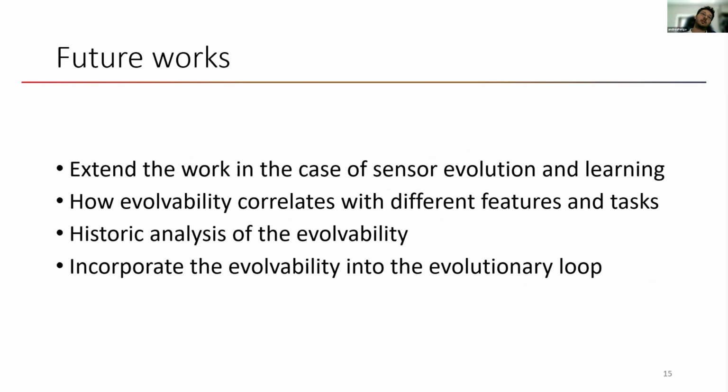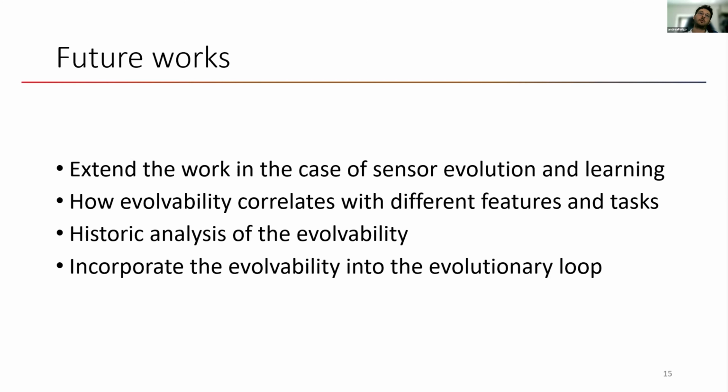As future work, we intend to extend this work to the case of sensor evolution and learning, and also to see how the evolvability correlates with different features and tasks. Also, we want to add a historic analysis of the evolvability, as now when we update the evolvability map, we lose information about the evolvability of the previous individual.